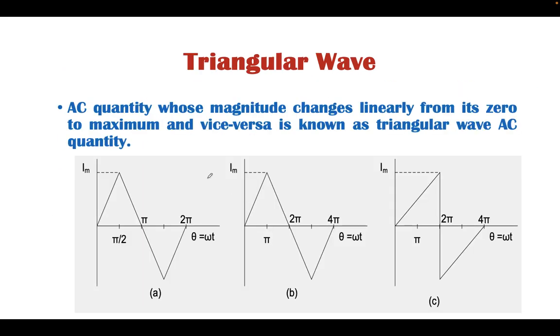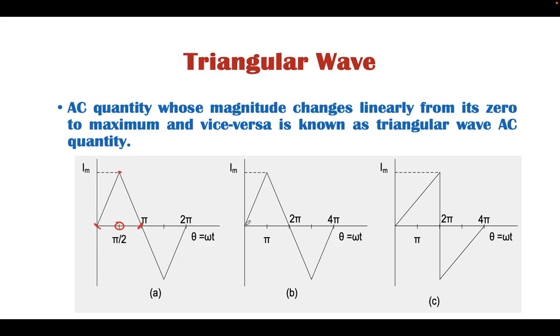Now, the triangular wave is also an AC quantity whose magnitude changes linearly from zero to maximum and vice versa. Here there are three representations of the triangular wave. The first representation shows that from 0 to pi the function varies, with a maximum value at pi by 2.